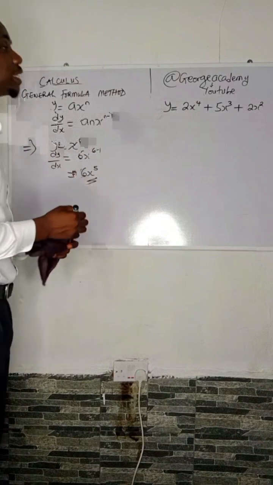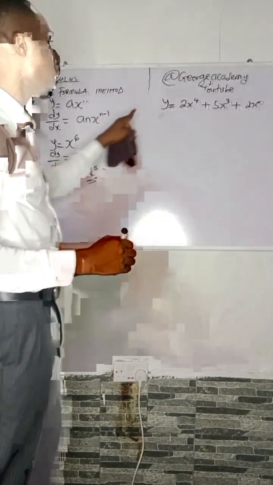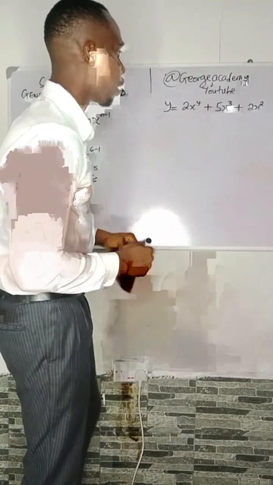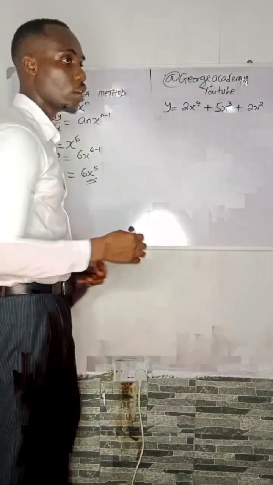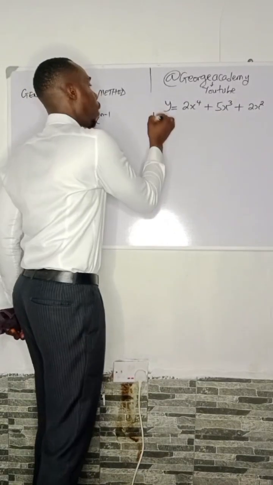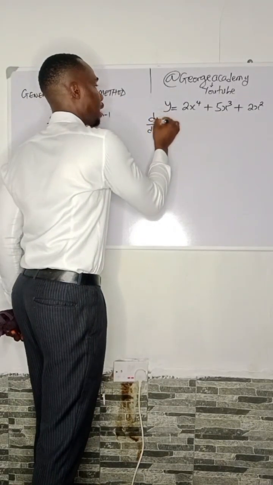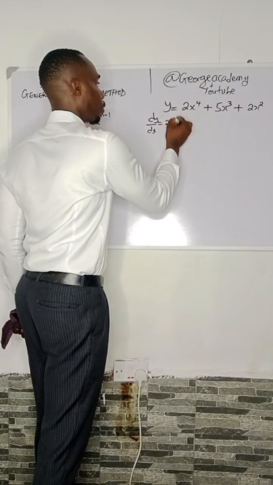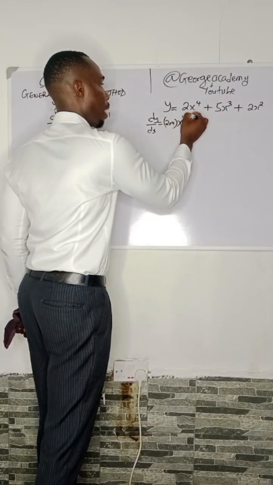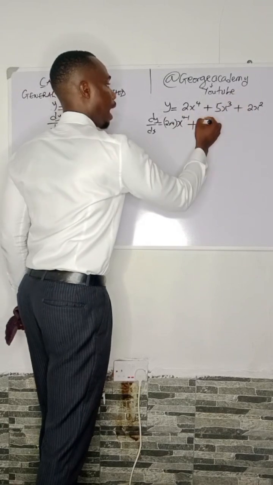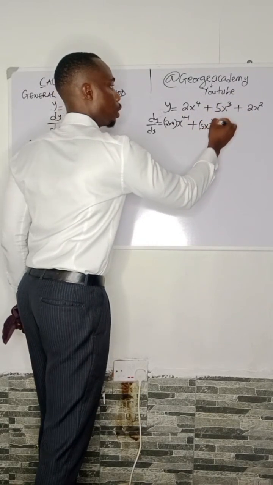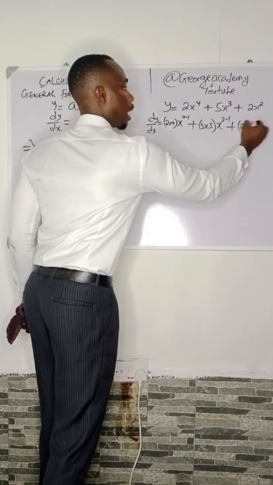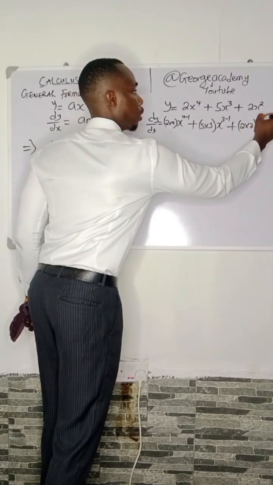Now let's look at the example that is given on the board. It says y is equal to 2x raised to the power of 4 plus 5x raised to the power of 3 plus 2x squared. You have to find the differential. So dy over dx is equal to, I told you to multiply this, so it will be 2 times 4 into x to the 4 minus 1 plus 5 times 3 into x to the 3 minus 1 plus 2 times 2 into x to the 2 minus 1.